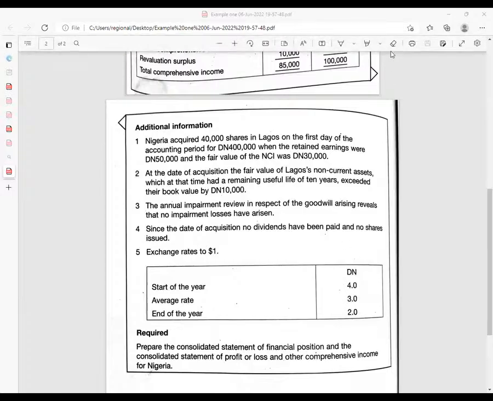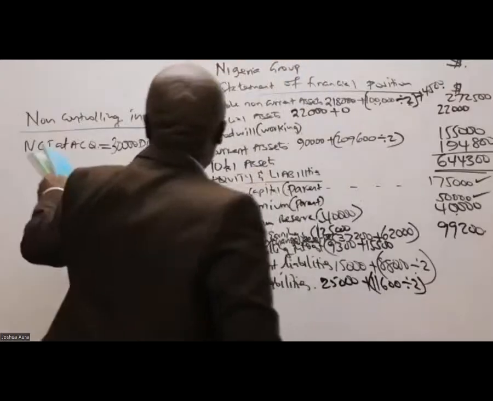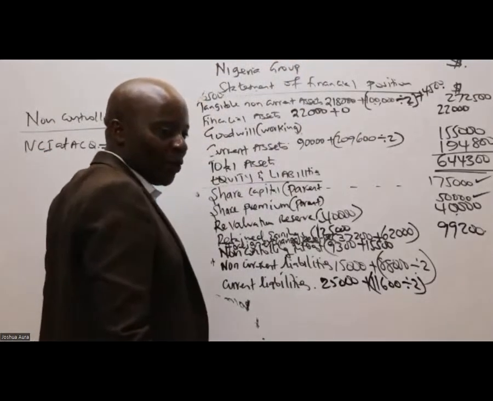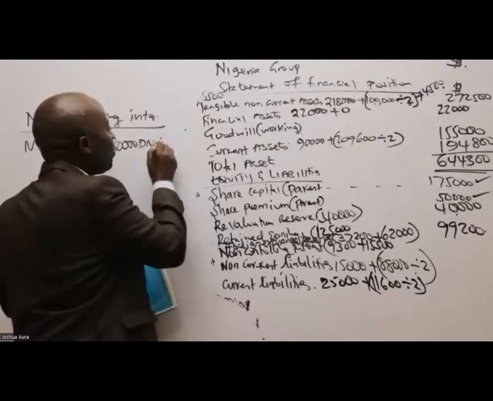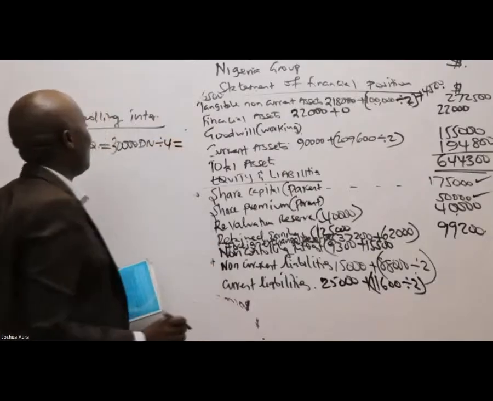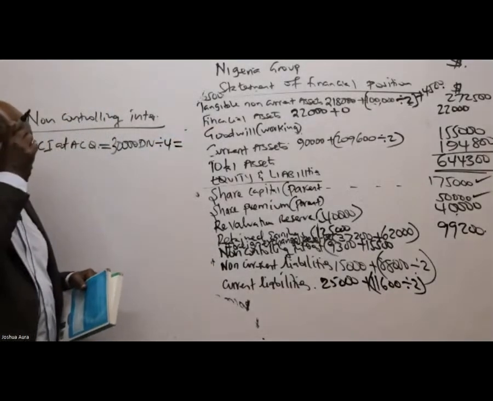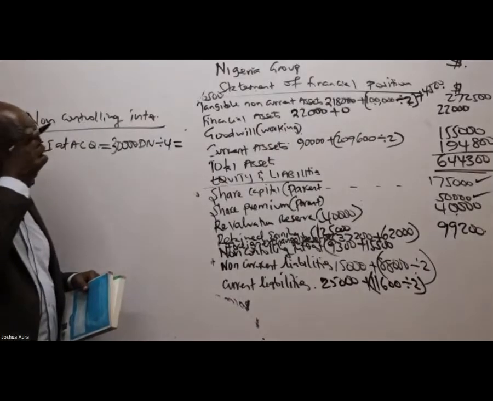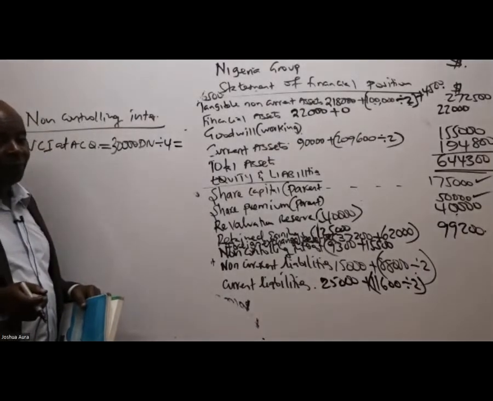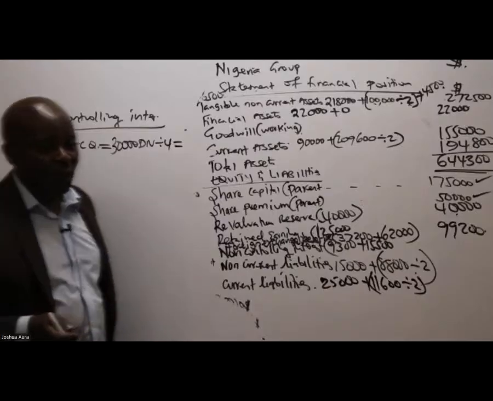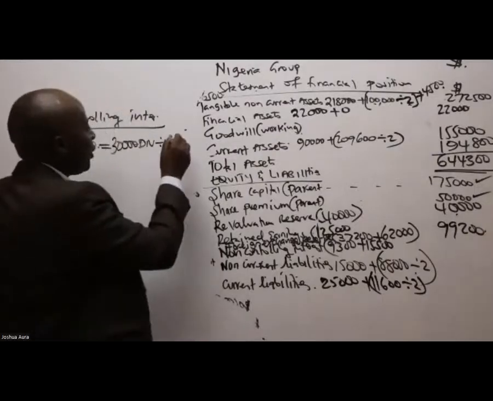You can even see here we are saying NCI at acquisition at 4. So divide this with 4. Could you kindly give me this figure? Right, 7,500. Thank you very much.